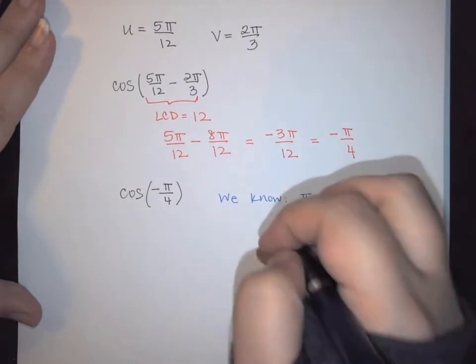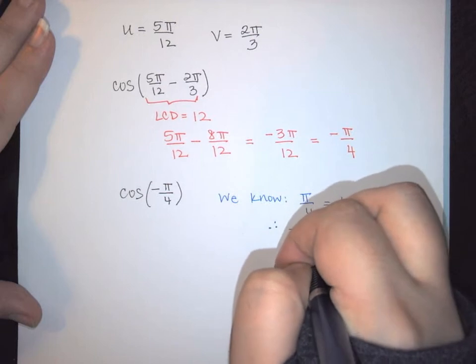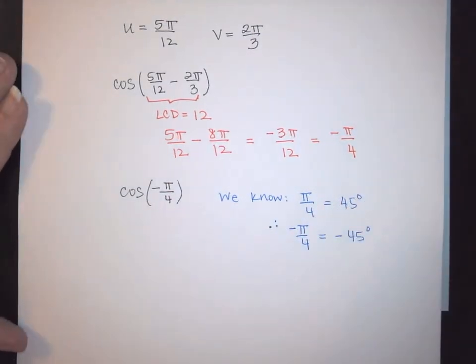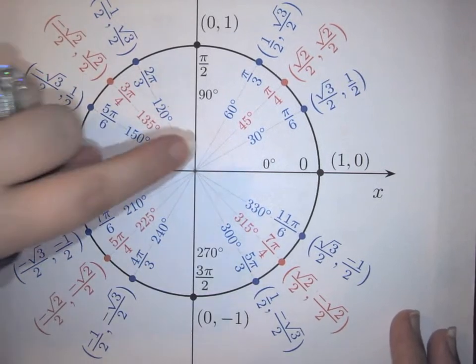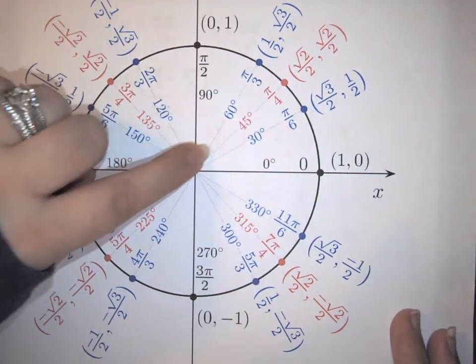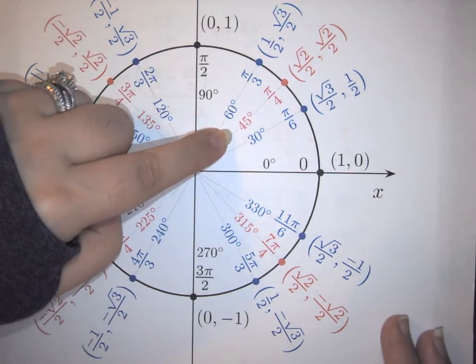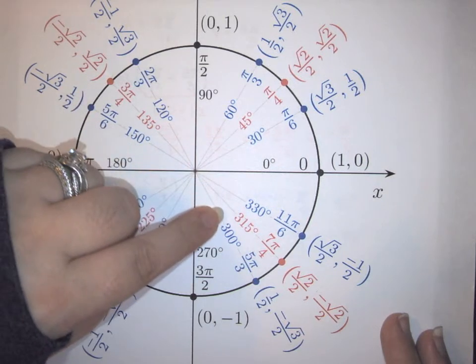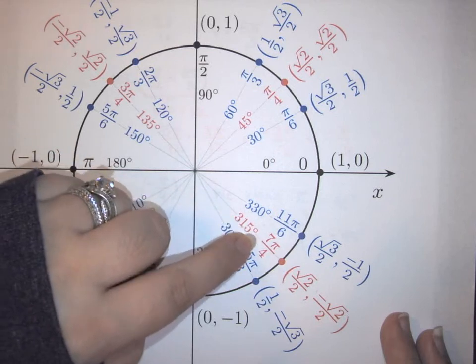Therefore, it makes sense that negative pi over 4 has to be negative 45 degrees. So if we take a look at our unit circle here, pi over 4 is positive in this first quadrant. This is the positive 45 degrees. But negative says I would start at 0 and I would move down.